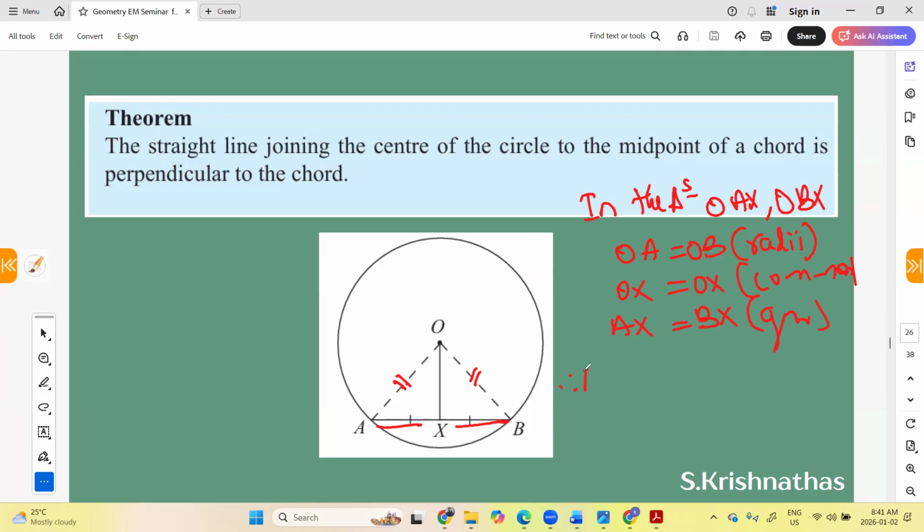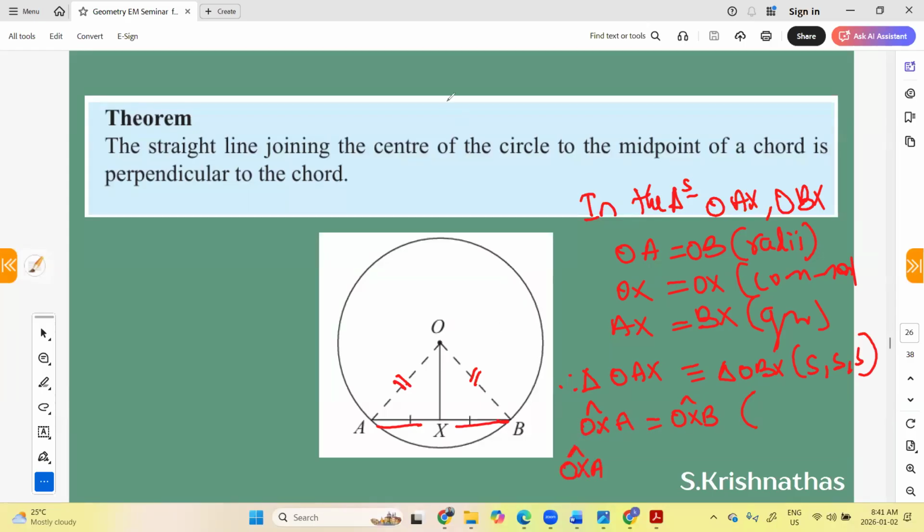Therefore, triangle OAX is congruent to triangle OBX, by side, side, side. If the two triangles are congruent, angle OXA equals angle OXB, corresponding elements of congruent triangles.